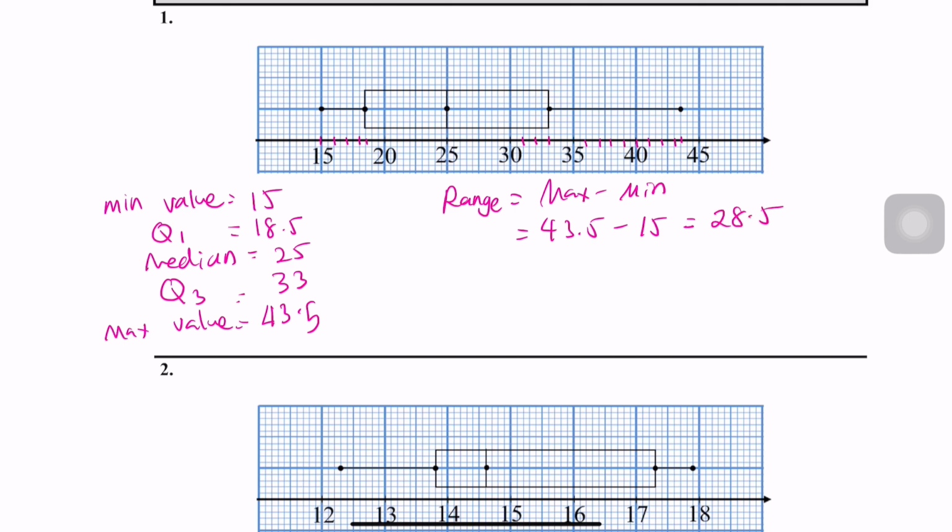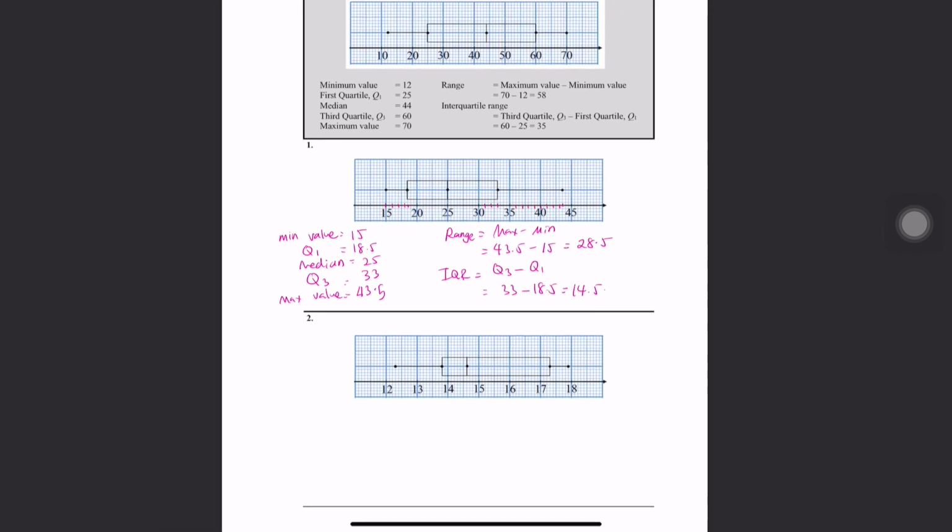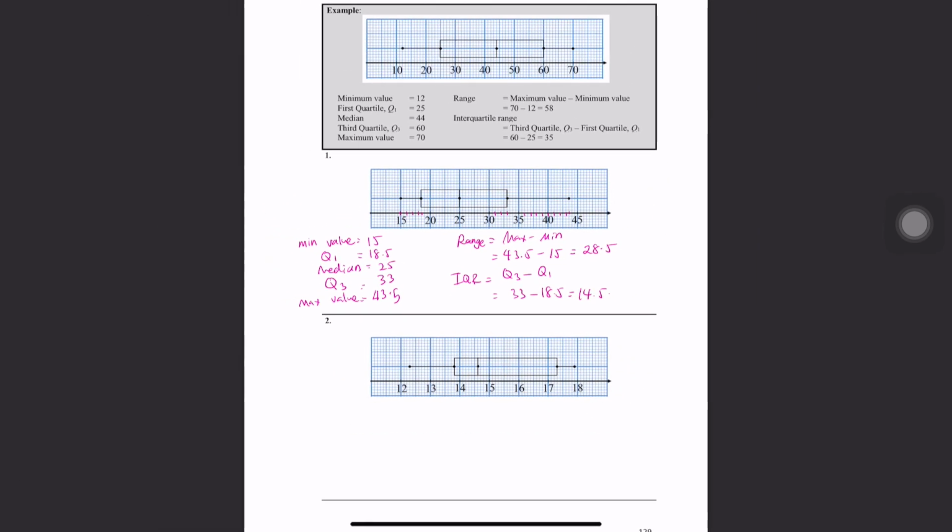Next we need to calculate the interquartile range. Interquartile range is Q3 minus Q1. So Q3 is 33 minus Q1 is 18.5, and your answer is 14.5. You can do the same for question number 2.